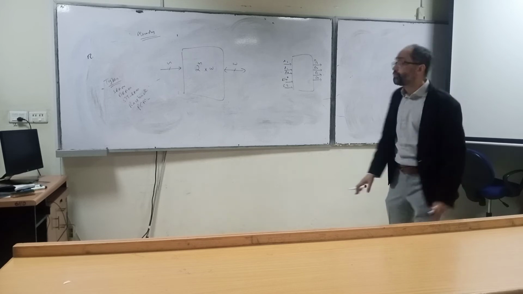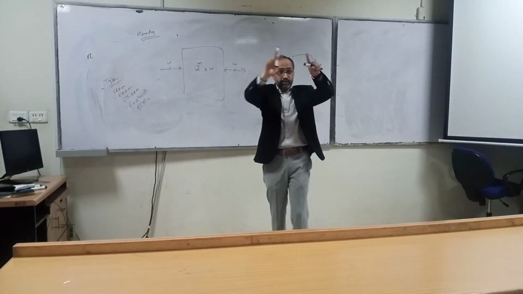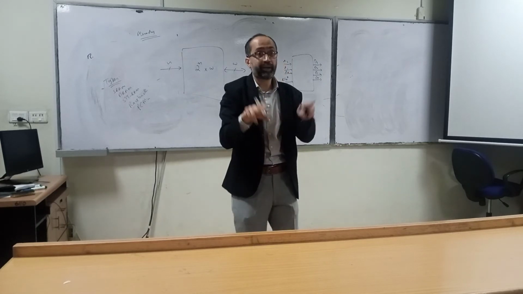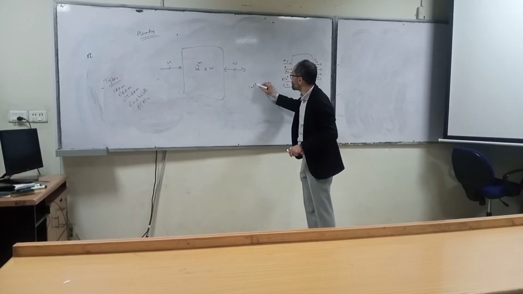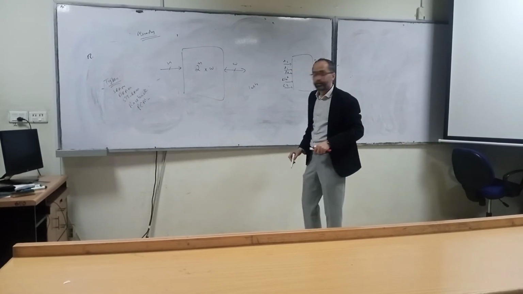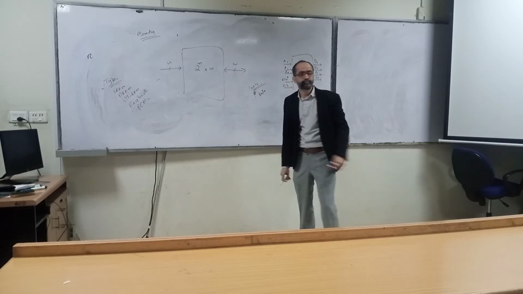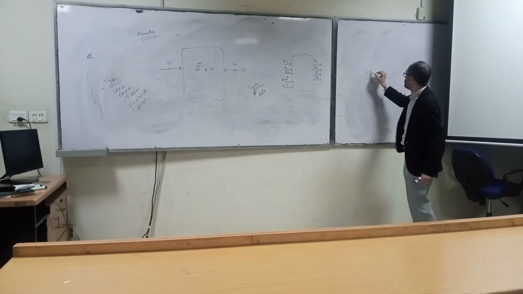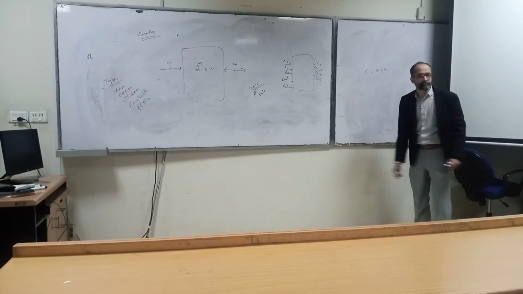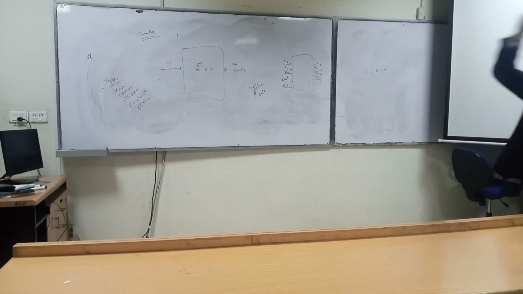Now, if you look from the architecture perspective, a memory is a storage device. It can store the data. What kind of data? It can store instructions. It can store the data. Now, when I refer to C is equal to A plus B, how did we transform this instruction into 4 instructions?